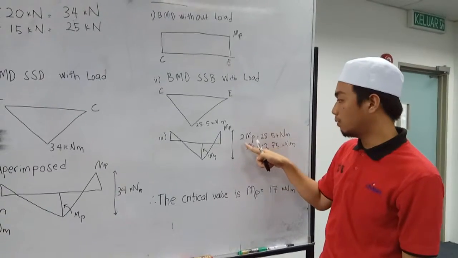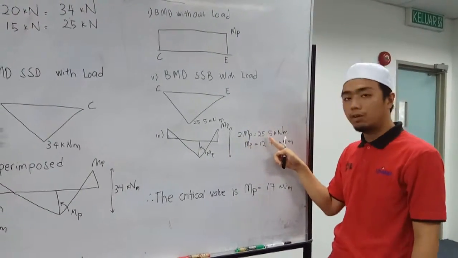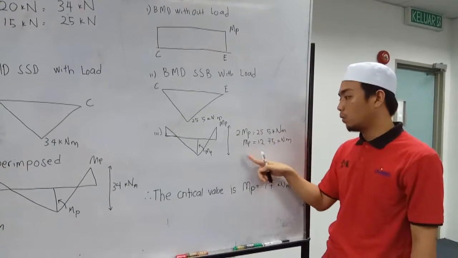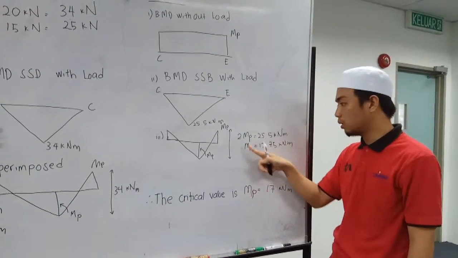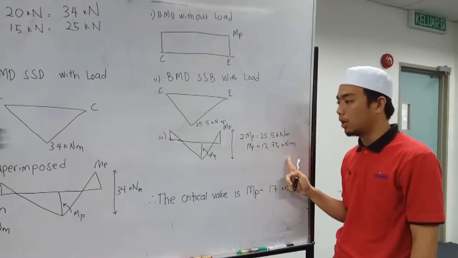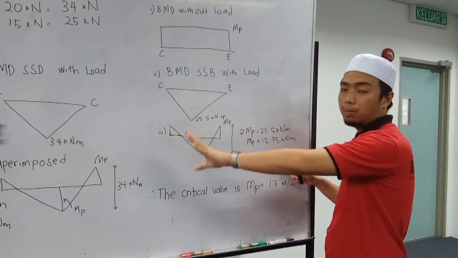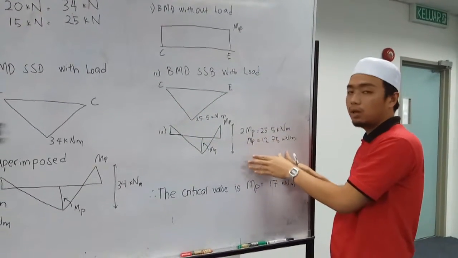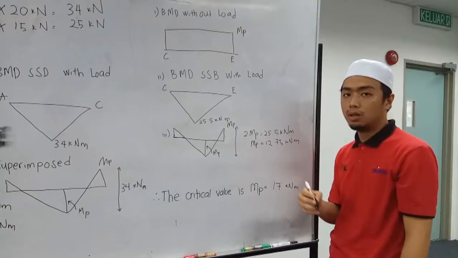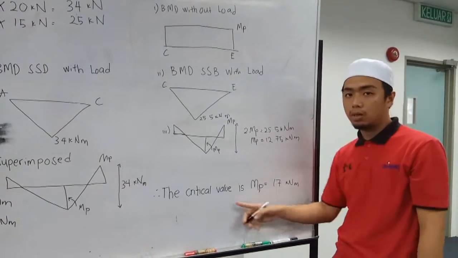So we have 2 MP, and the whole height is 25.5 kilonewton meter. We divide it by 2, and we get 12.75 kilonewton meter. By comparing the previous MP and the latest MP, we pick the highest MP value, which is 17 kilonewton meter, to be our critical value.